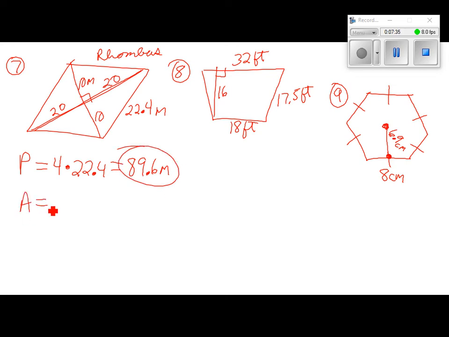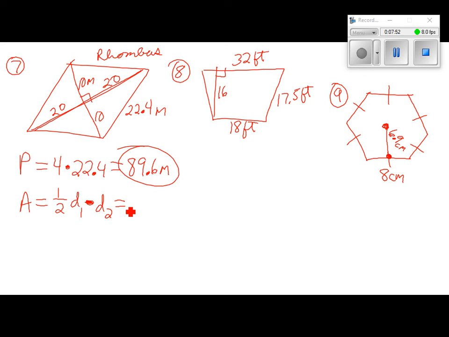For area, the formula for area of a rhombus is 1/2 times diagonal 1 times diagonal 2. You could also use base times height for a parallelogram, because a rhombus is a parallelogram.